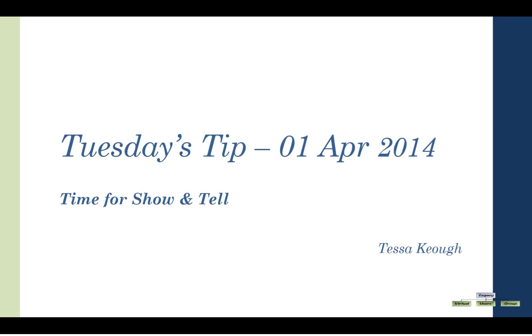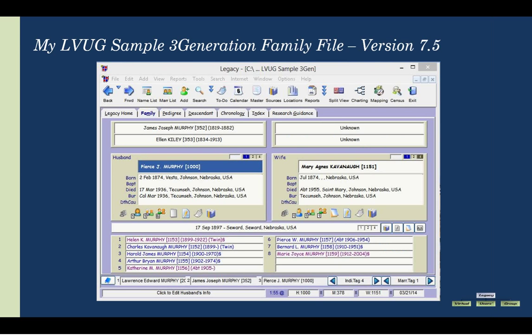Instead, I thought what we could do is have Legacy Show and Tell. Now, this is my sample 3-generation family file in version 7.5. And as you can see, it was not real colorful.